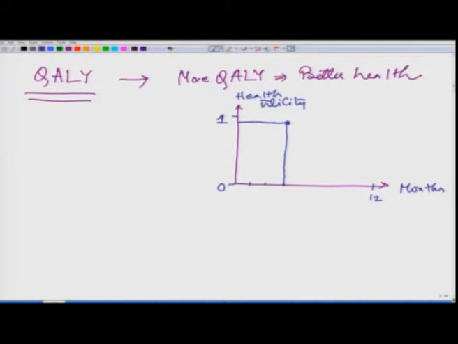That same person, till 10 months, his QALY was 0.5. And then for the last 2 months of the year his health deteriorated and his QALY was 0.3.